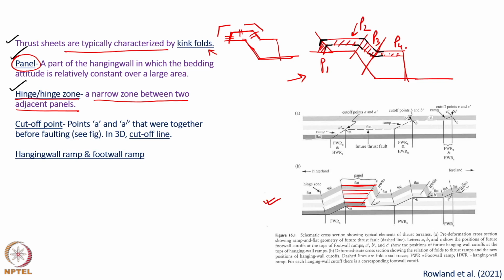Let us understand the term cutoff point and the term cutoff line. Consider the unfaulted layered rock. Point A and A dash basically represent the same point and it is located over here, but as faulting happens, point A dash has come over here.